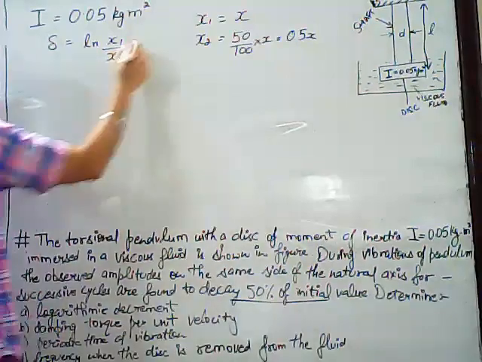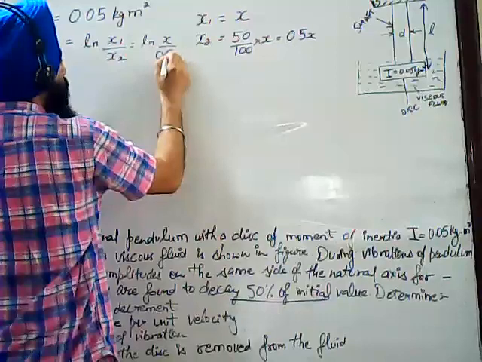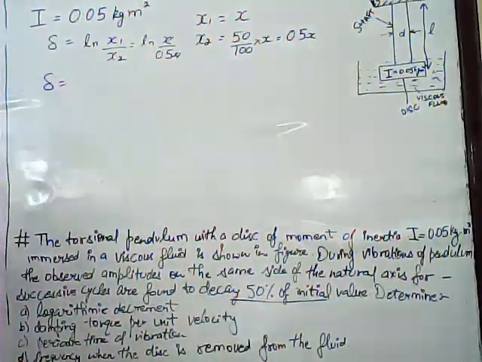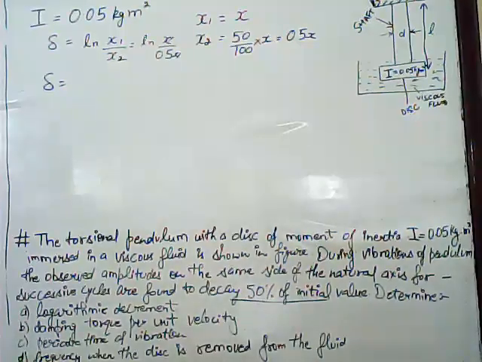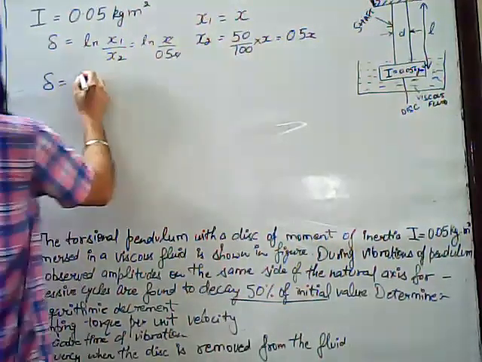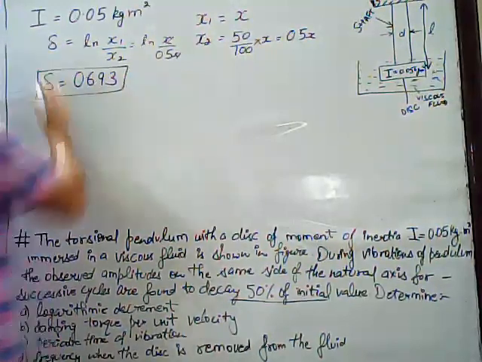So the value of delta is log of x upon 0.5 into x. The value of delta is 0.693.